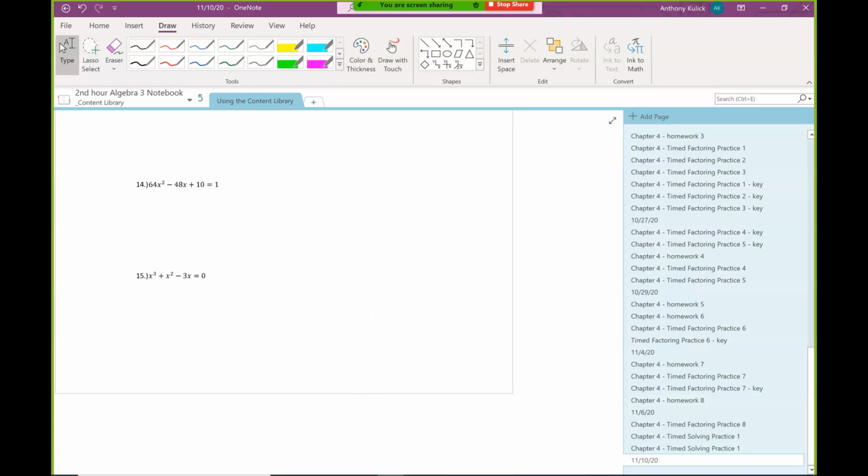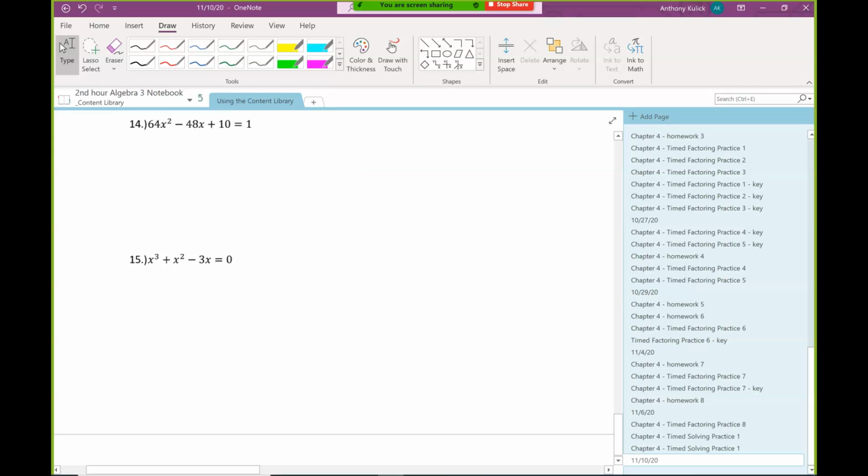So on 15, we're asked to solve using the quadratic formula. So first thing I notice is that this is not quadratic because it has an x cubed in it, right? But that's a factor of x, so I can factor it out.